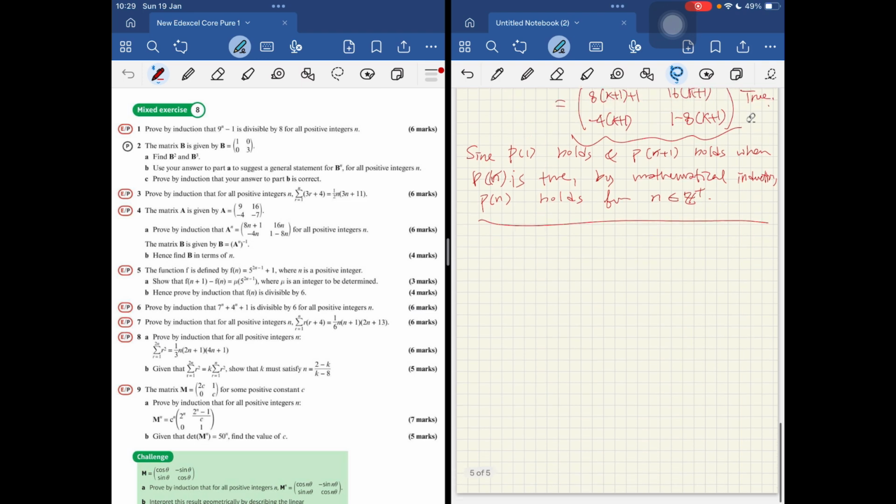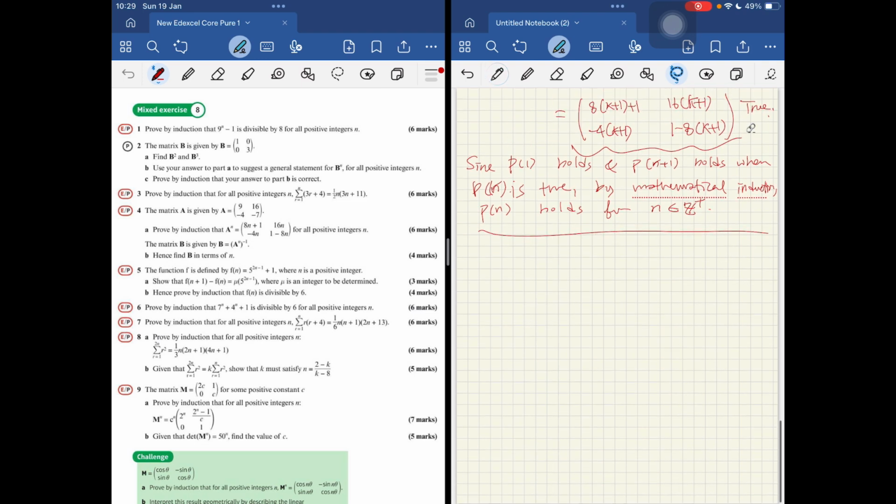So let's go for number B. So number B, hence find B in terms of n. So B is A to the power of n, inverse.